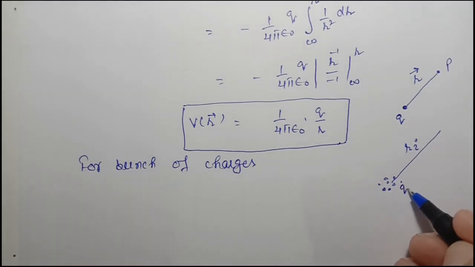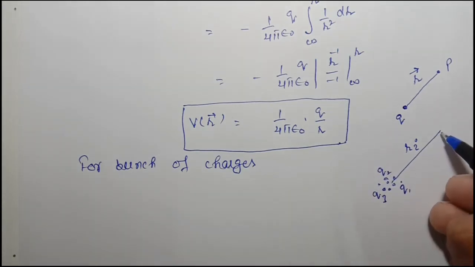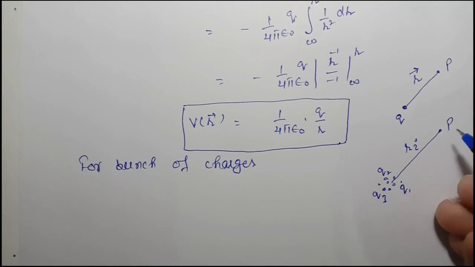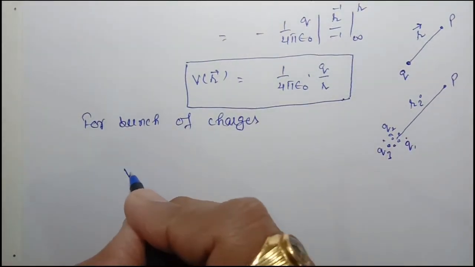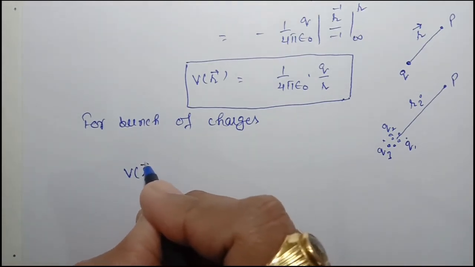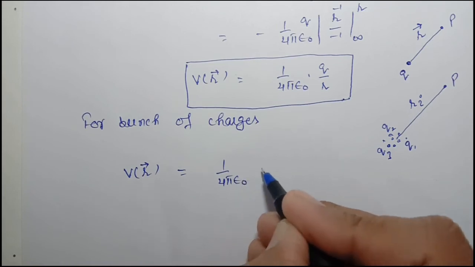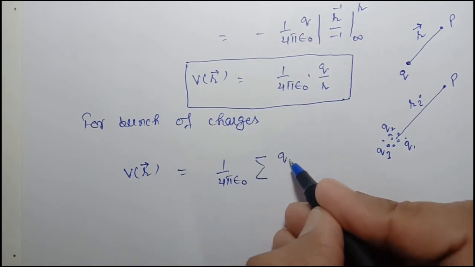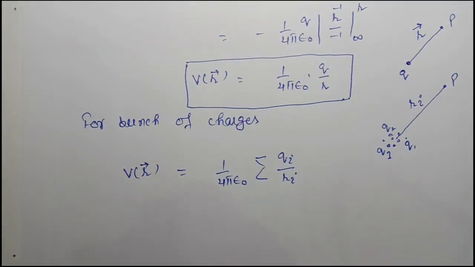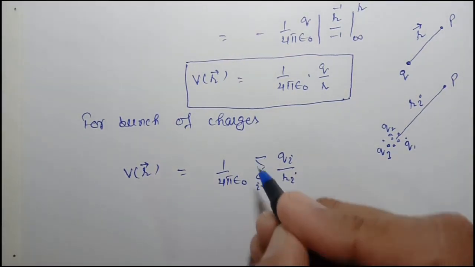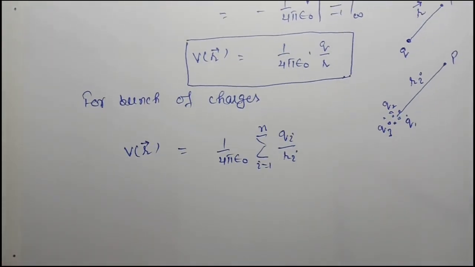And here we have different charges q1, q2, q3, and so on, and we want to find the potential at point P. In this case, we can rewrite the above equation like this, that is, V(r) is equal to 1 over 4 pi epsilon naught, and here we have a summation of qi over ri, and the limit varies from i equals 1 to n. So this is the case for the discrete charges.